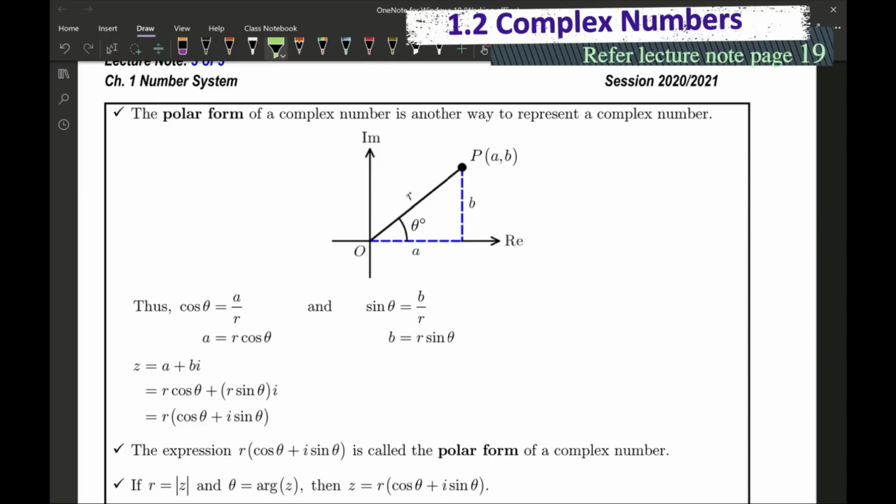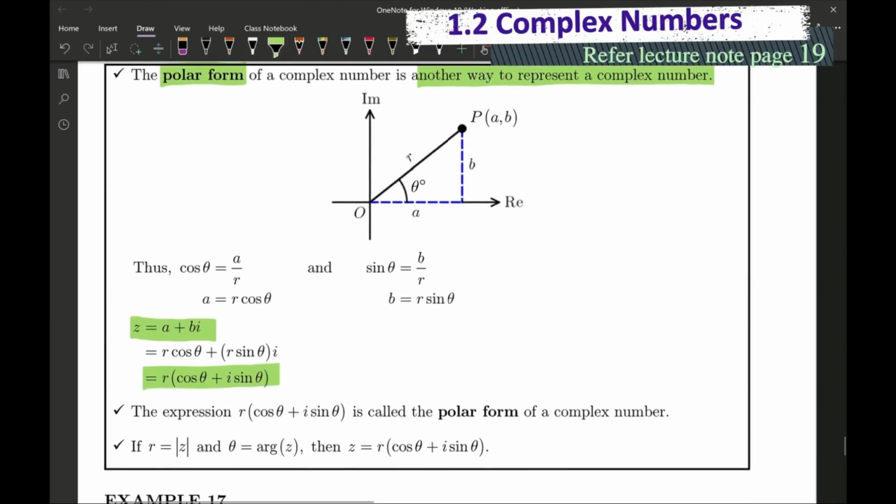What is our polar form? So what's the use of it? Polar form is another way to represent a complex number. Let's say our original complex number is in this form, z equal to a plus bi. We need to change it into r cos theta plus i sin theta, where r equals the modulus of z and theta equals the argument of z.